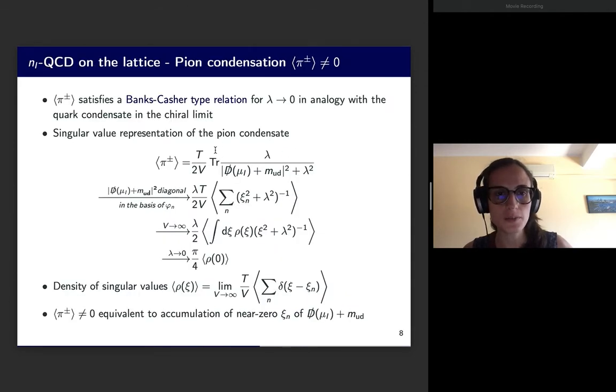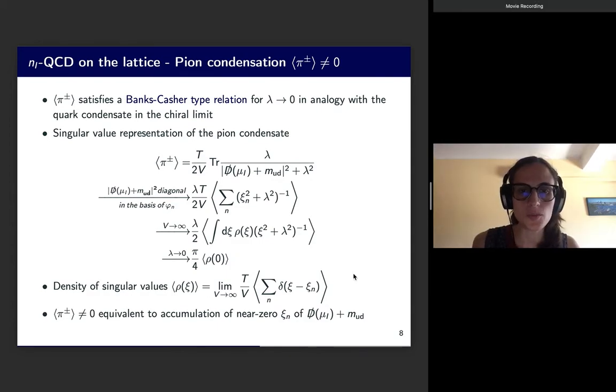Then we start from this form, and on the basis of the fact that this modulus squared is diagonal in the basis of the eigenstates for the eigenproblem for precisely this operator, we can write down the spectral representation. And you might remember from what we said at zero mu that next you have to take two limits, the V to infinity and the lambda to 0 limit, in which case you end up with pi over 4 times the expectation value of rho at 0.